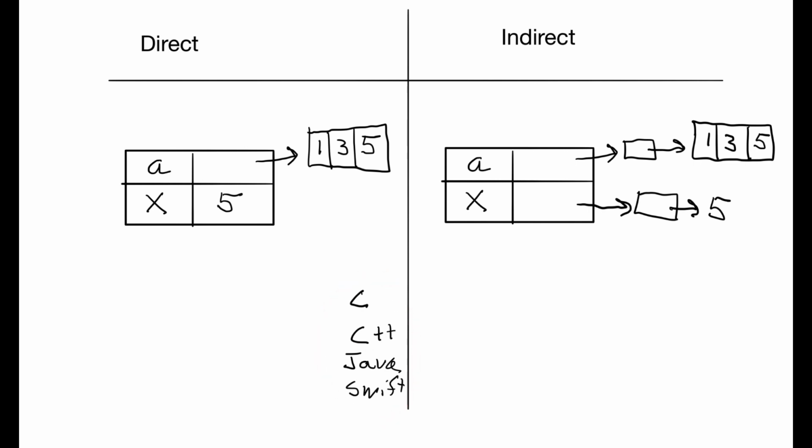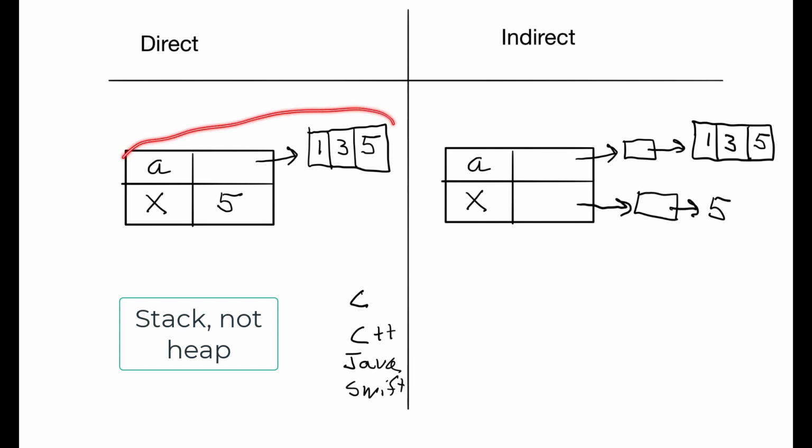Let's talk about how this applies to these languages right here. Now C and C++ all combined together. In C, if we want memory, we use malloc or calloc, and that memory is stored on the heap. And in C++, we use the new operator to get memory stored on the heap. So in C and C++, if we just declare a variable or an array or an object or a struct, that will be stored directly like this.